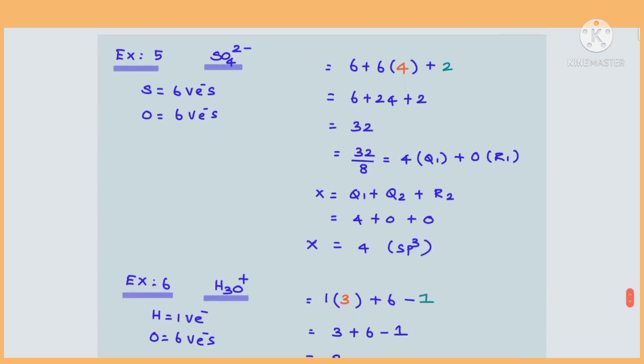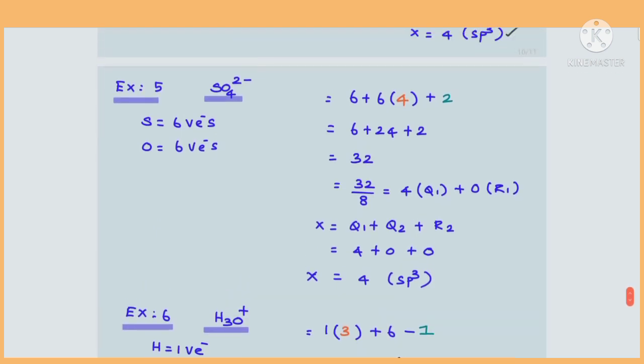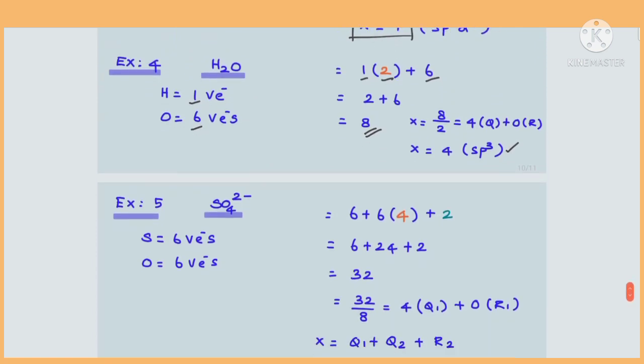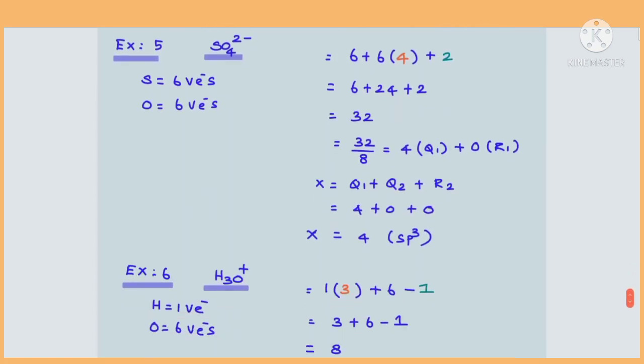Now we go for ionic species, an anion. So far we discussed neutral molecules. Now a different example, an anion followed by a cation, the sulfate anion. Sulfur valence electron 6, oxygen also 6. Sulfur and oxygen belong to the same group. Now this is the number of valence electrons of sulfur, 1 sulfur, so 6.